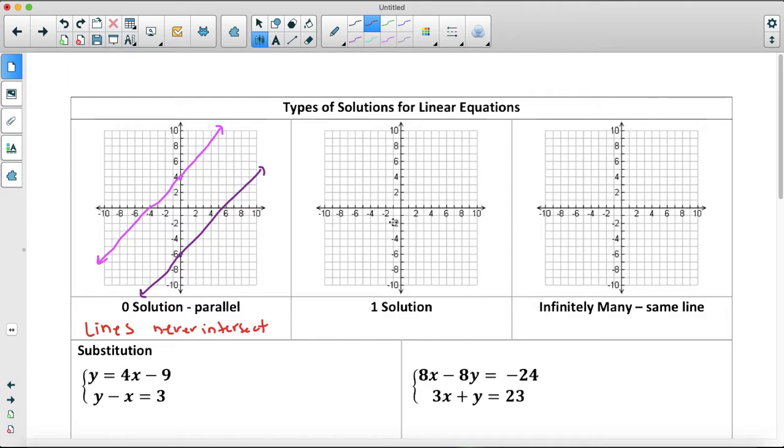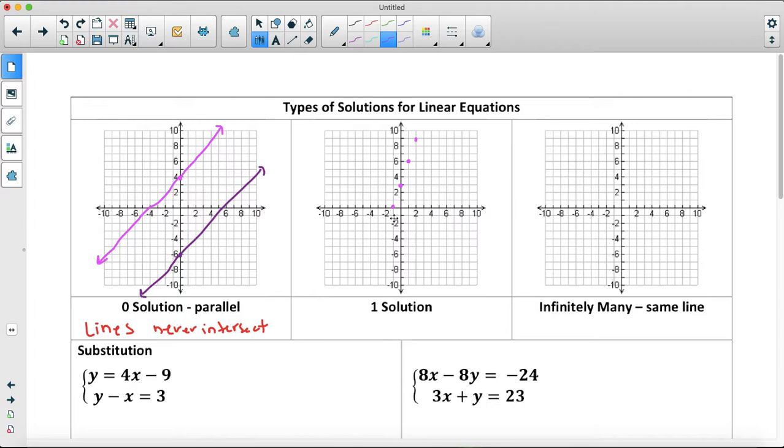Types of solutions when you have one solution or type of line is when the lines actually intersect. So anytime the lines actually cross, then the solution is the coordinate at which they cross. So we could have a line that has a y-intercept of 0, 3 and a slope of +3.